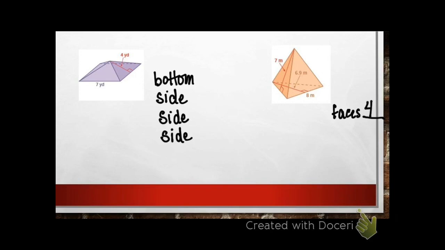All right, now look at your measurements carefully. Make sure you're choosing the right ones. For the bottom, I know my formula is going to be 1/2. The bottom is 8, the base, and the height is 6.9. All right, now let's do our side.